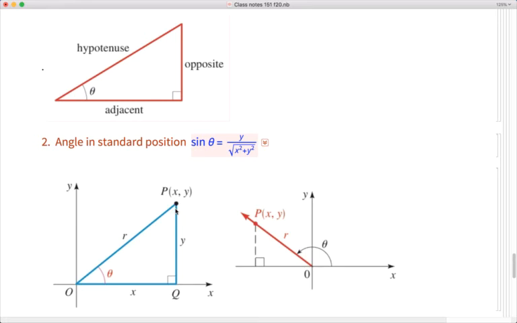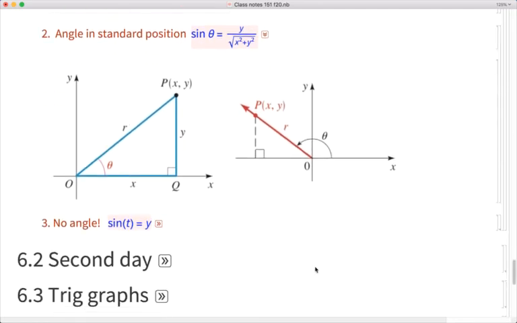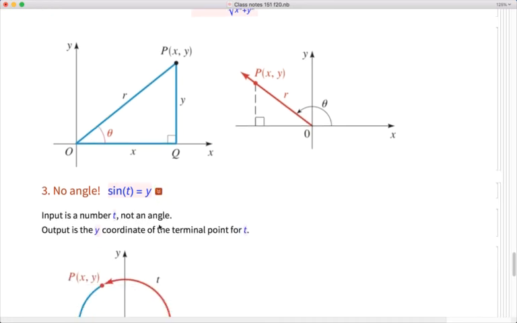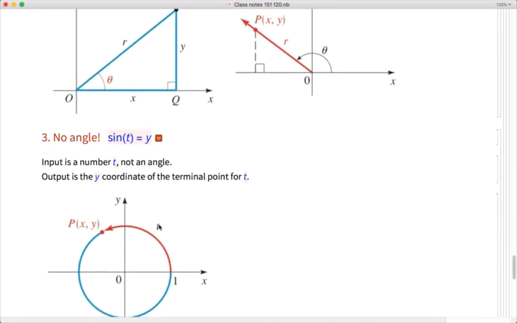We put the angle in what was called standard position, and then defined the sine as being the y coordinate of this point divided by the distance r. And that definition allowed us to extend values of sine for angles that went beyond 90 degrees. We still wind up calling sine equal this y coordinate divided by this distance r. Where we are now is that there is no angle.